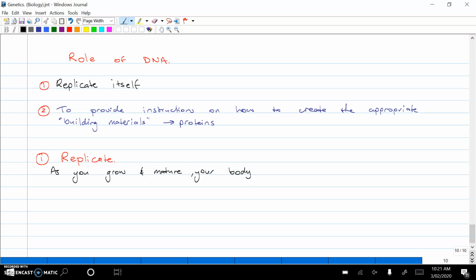So as you grow and mature, and also, if you hurt yourself, if you cut your hand open or something, your body is continuously making new cells. So your body is constantly making new cells.